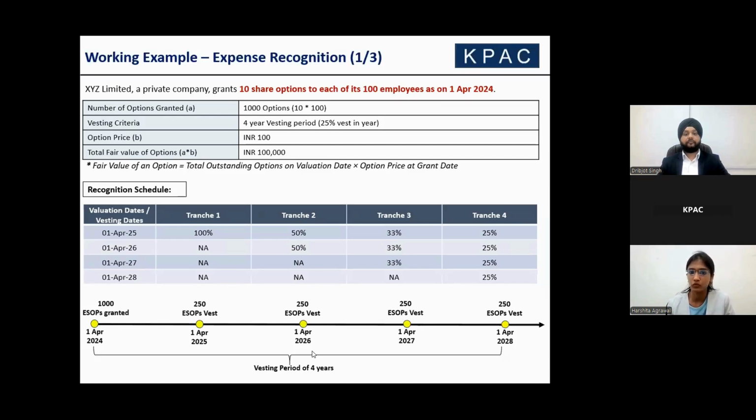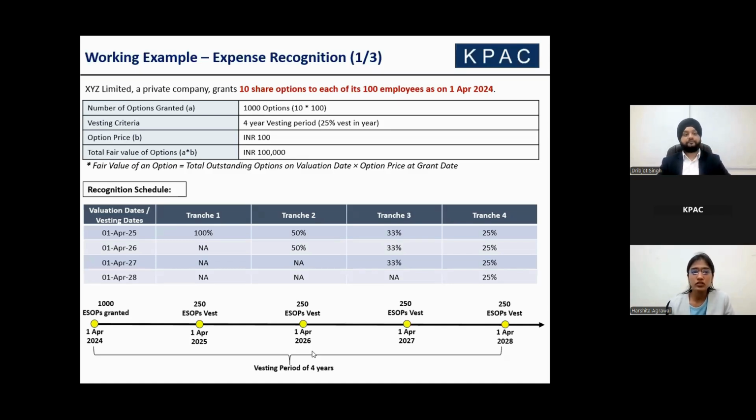April 2024. Now, these options have a 4-year vesting period with 25% vesting each year, which means employees earn their options gradually over time.